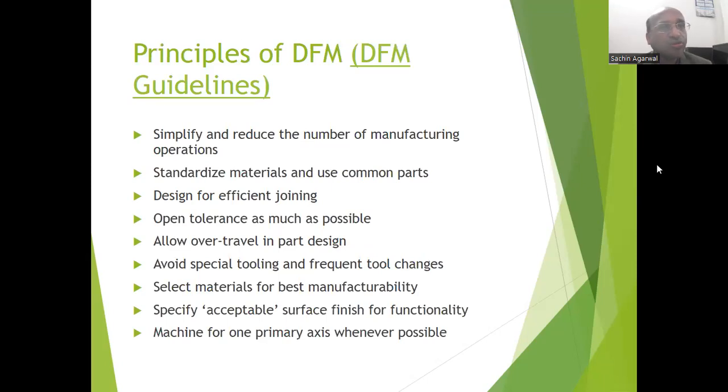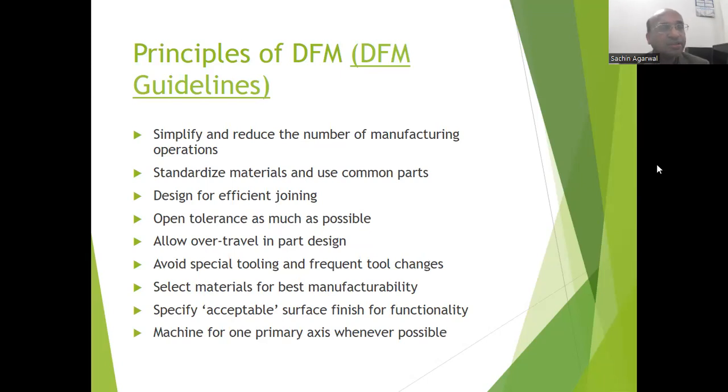Now, certain principles for DFM, that is design for manufacturing, are: simplify and reduce the number of manufacturing operations, standardize material and use common parts, design for efficient joining, open tolerances as much as possible, allow overtravel in part design, avoid special tooling and frequent tool changing because it can make the process complex, select material having the best manufacturability, and machine for one primary axis whenever possible.